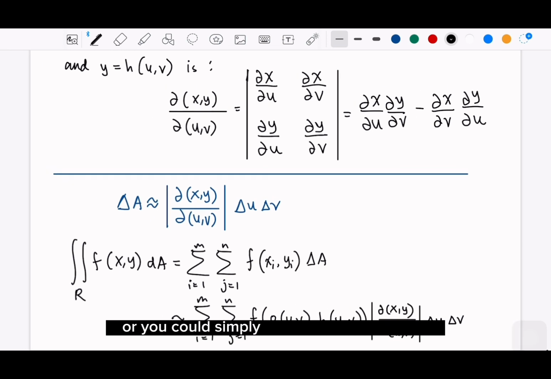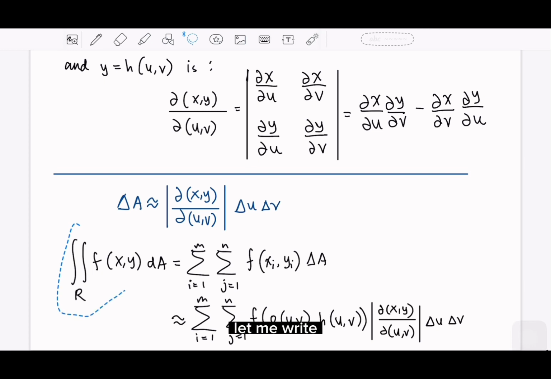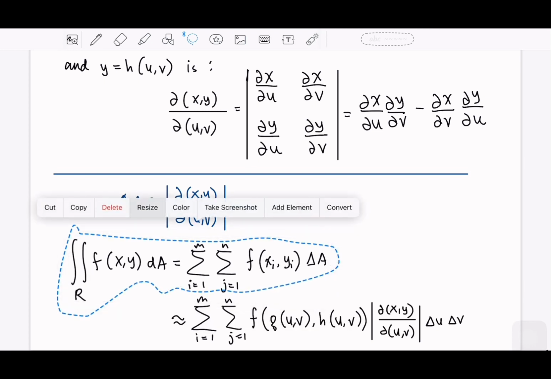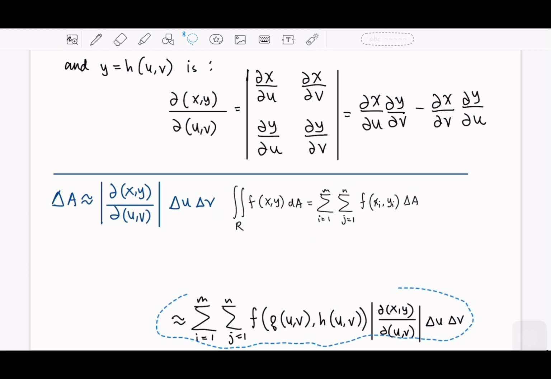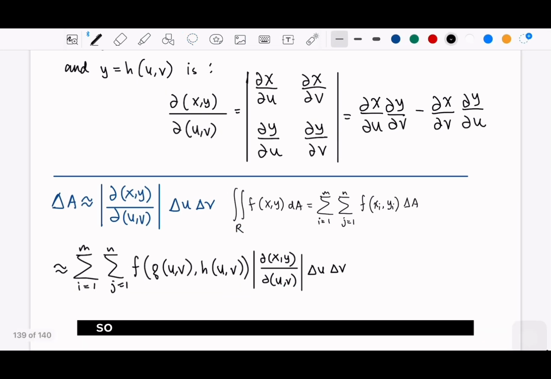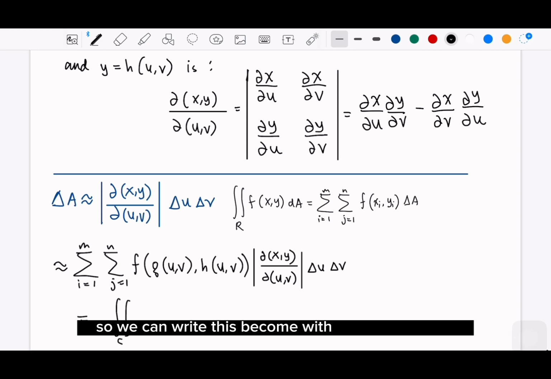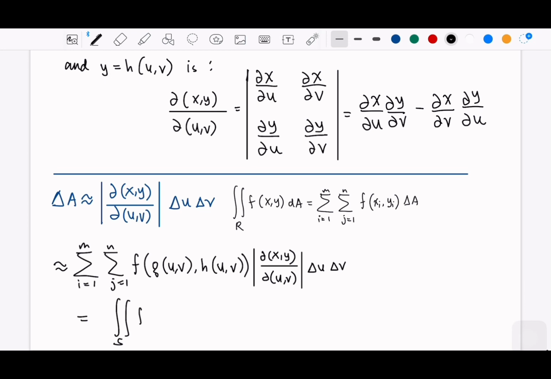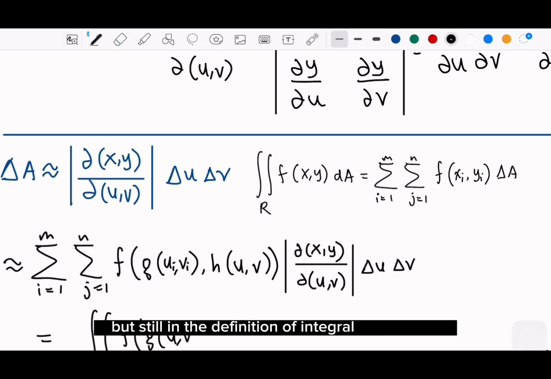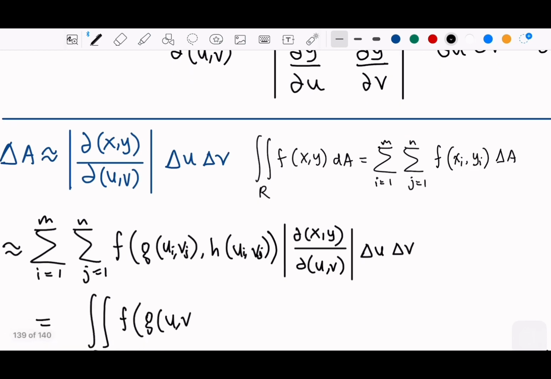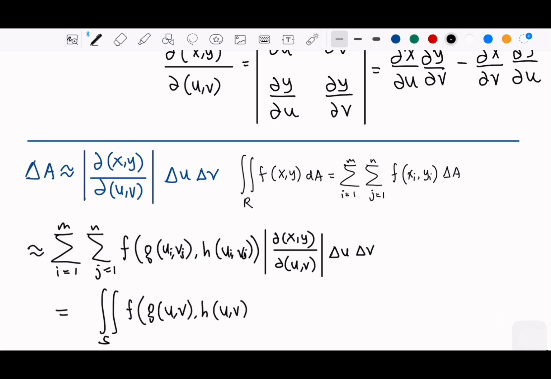Or we could simply write down the integral, with the new region S. So f of g(u, v), h(u, v), times the Jacobian, du dv.